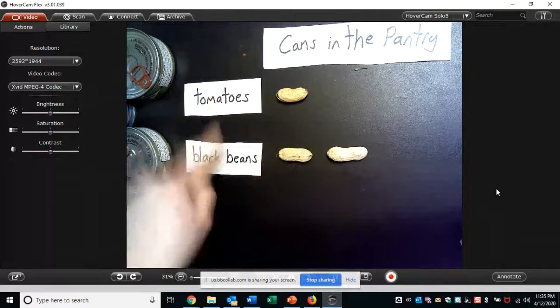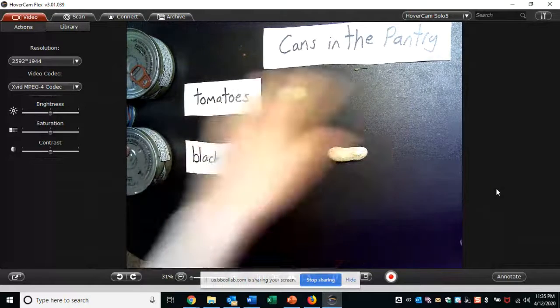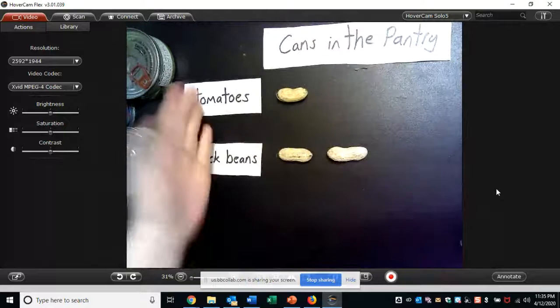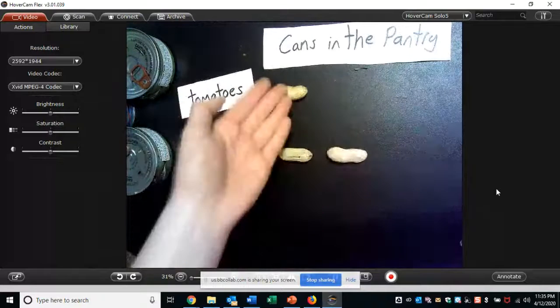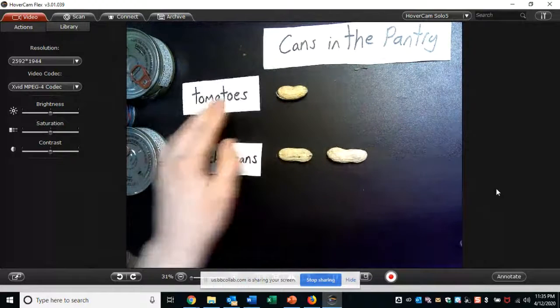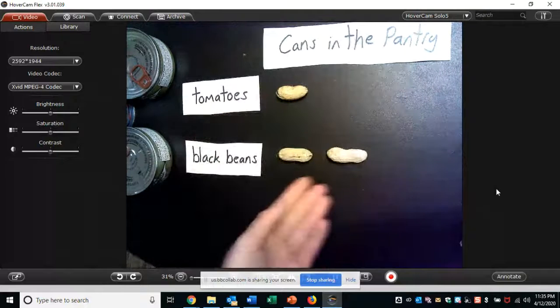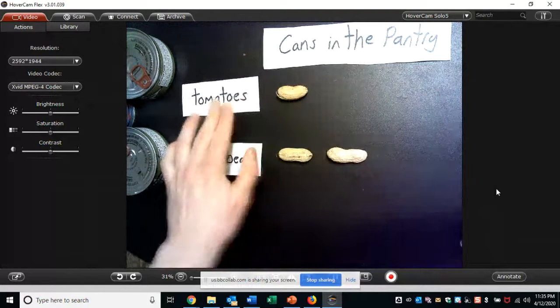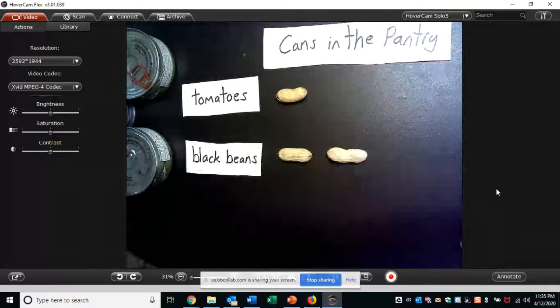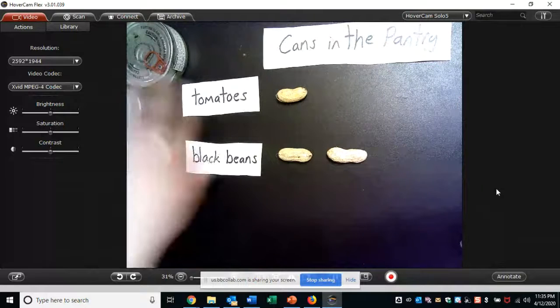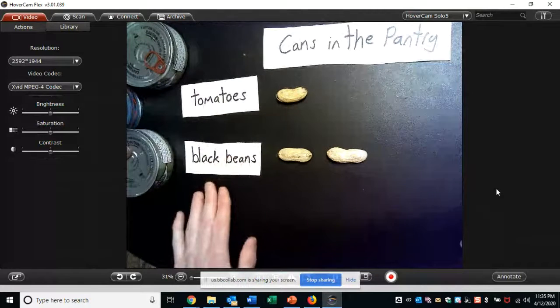It's important to have these labels because now that we don't actually have the cans, if we didn't have these labels, I wouldn't really know what those peanuts meant, why they're in different rows. So I really need the labels if I'm going to use all the same thing. But if you're going to use all different things, you don't necessarily need labels. But I could have used labels too for the cans.